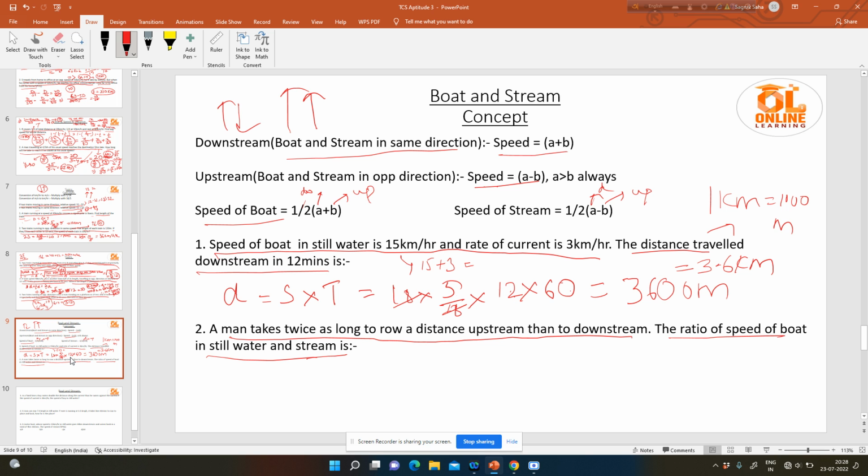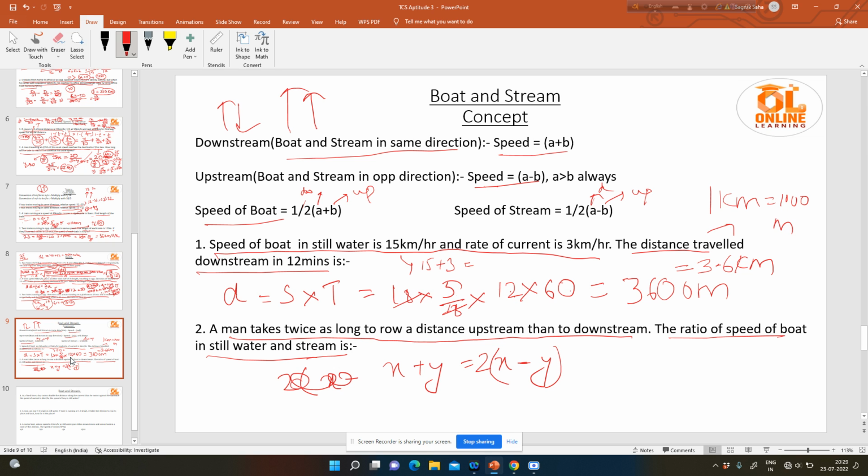We know distance is equal to speed into time. So the speed for the downstream is x plus y, and speed for the upstream is x minus y, and upstream takes 2 times more.